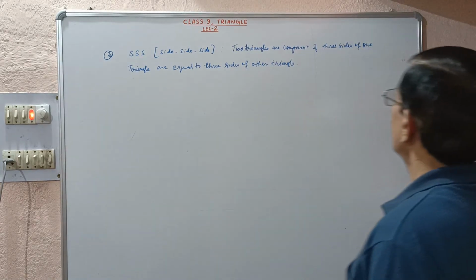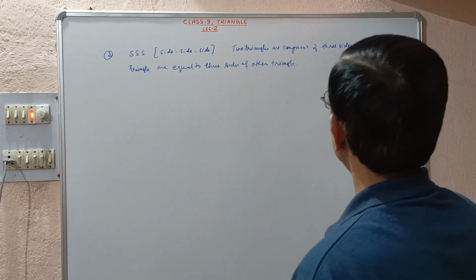Two triangles are congruent if three sides of one triangle are equal to three sides of another triangle.